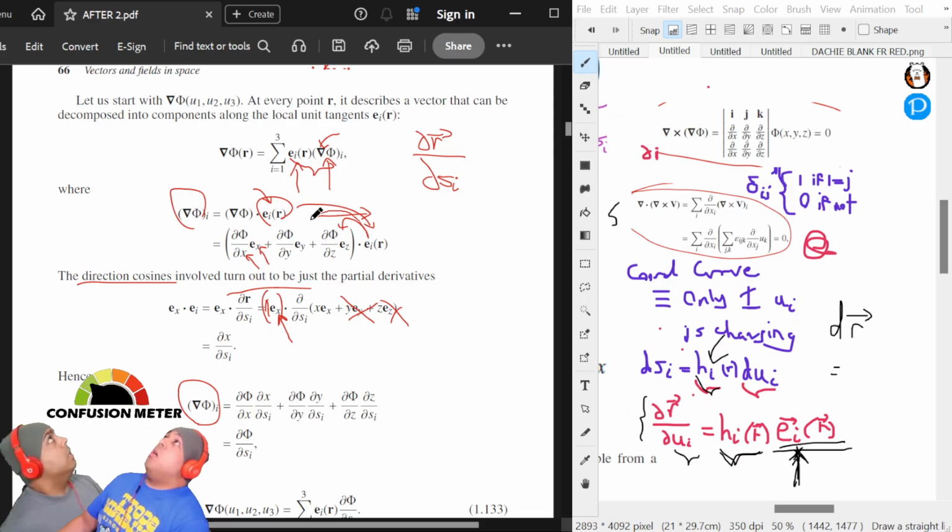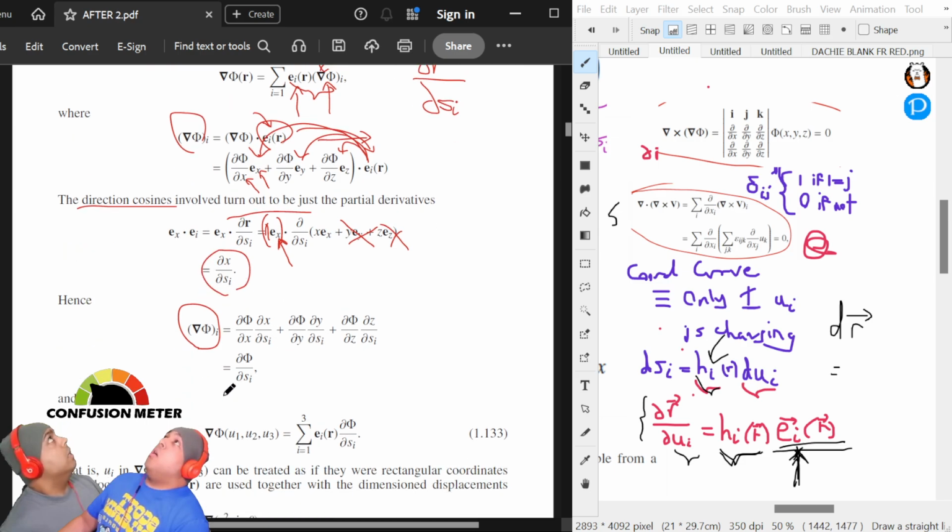You basically brought this inside, and e_i dot e_x we found to be this, so just join them up. You can combine all of these to just mean del theta, del, I forget the symbol, del phi, del chi, del scalar field, del xi.